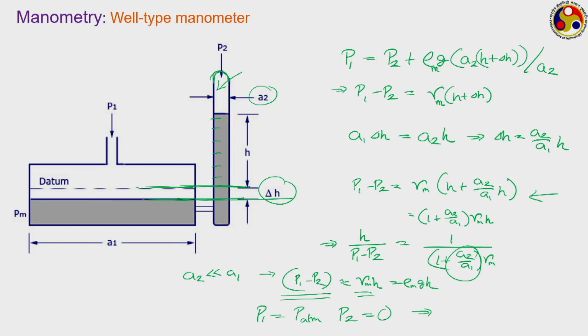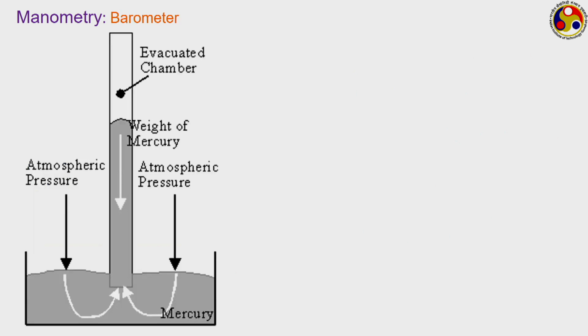Going back to this particular equation, P atmospheric will be equal to (1 plus A2 upon A1) into gamma m into h, or if A2 is extremely small compared to A1, then this just becomes gamma m into h, that is rho m into g into h. So, we can get a measurement of the atmospheric pressure, and that is what we do in a barometer, which is just a modification of this well type manometer.